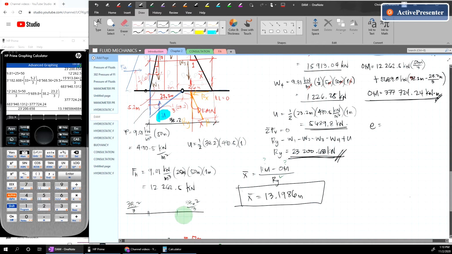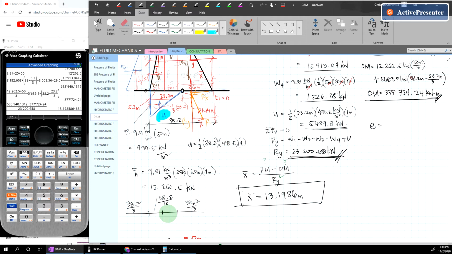Then yung gitna, so ang eccentricity kasi is from the center, 'di ba, nung area. So ito yung center ng area. So yung 38.2 over 3 is dinivide pa natin sa 2. So kaya nga ito is magiging 38.2 over 6.